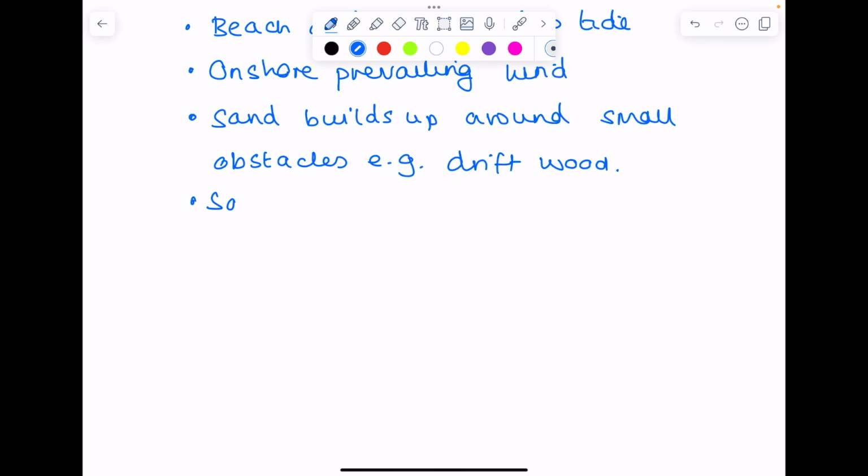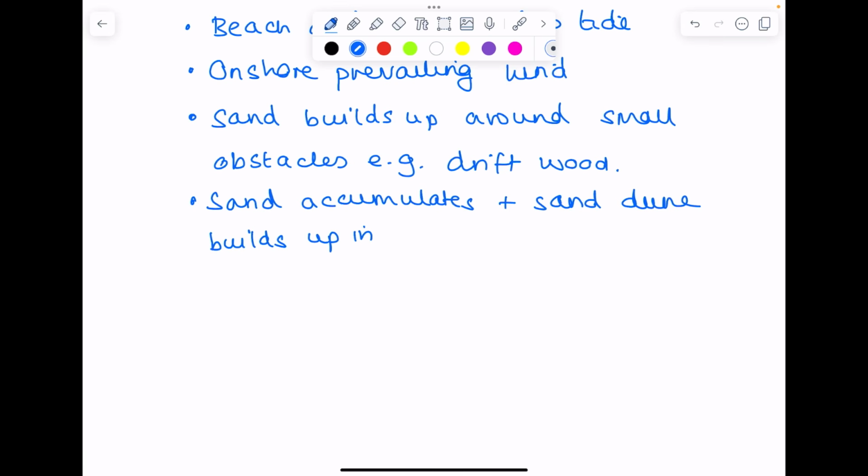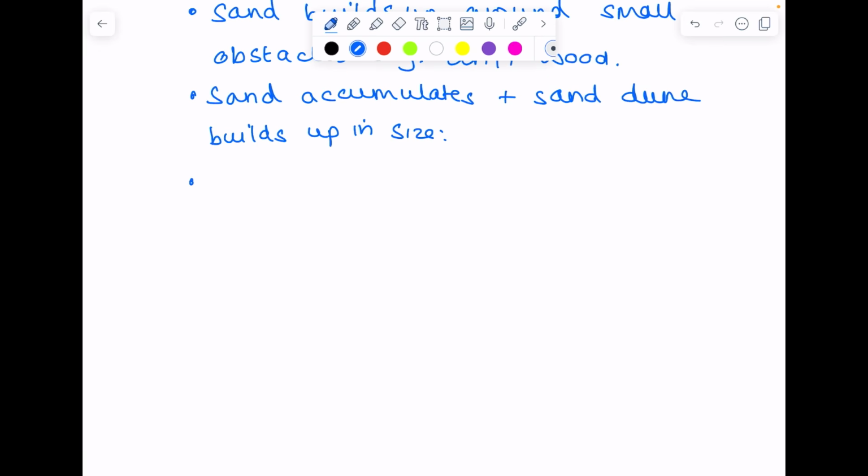You will get over time the sand accumulating, leading to the sand dune building up in size. You get lots of mini sand dunes building up because they get protection from the original sand dune. So another sand dune builds up on the seaward side, so facing the sea.